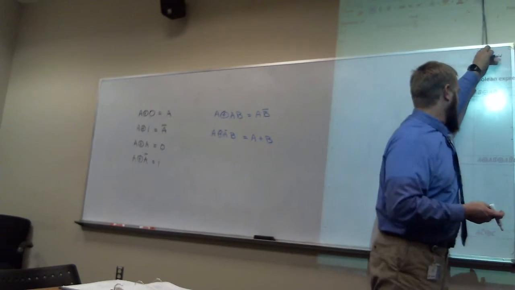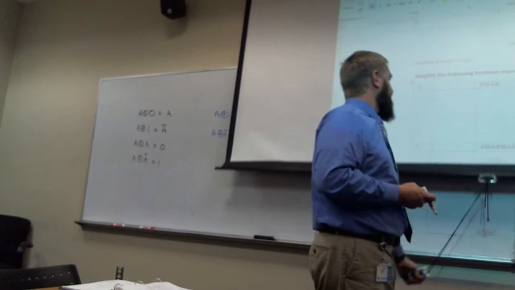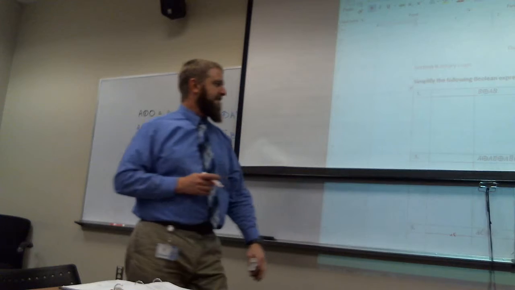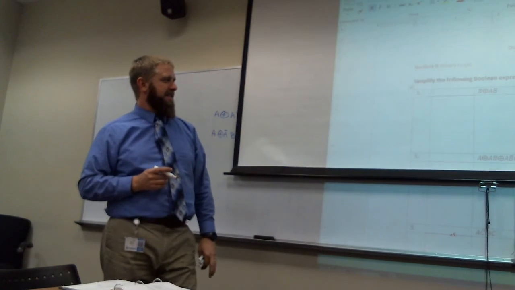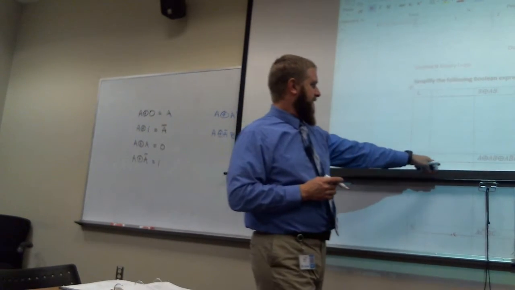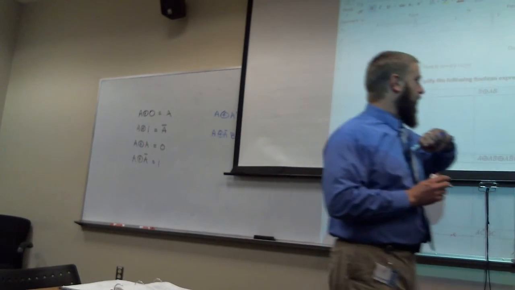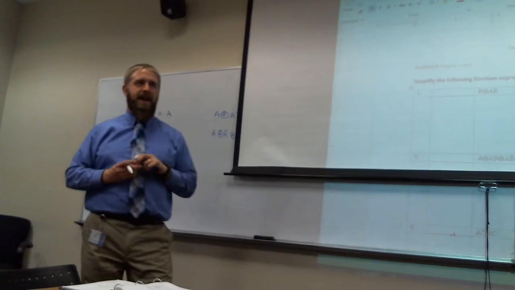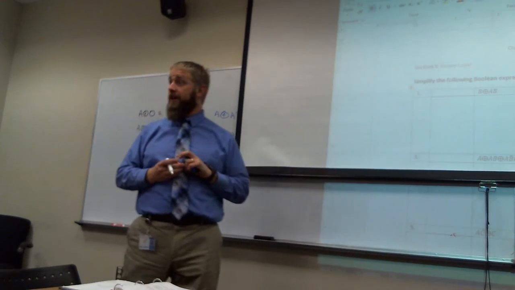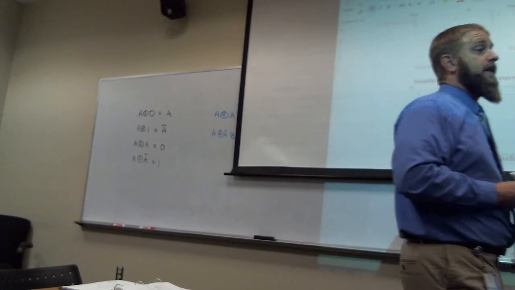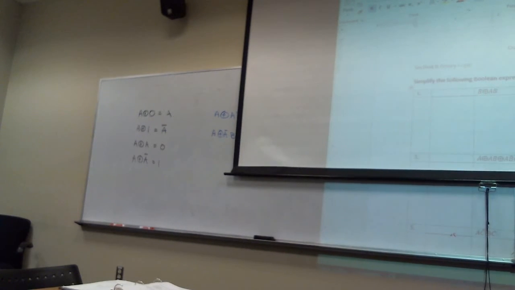Number 3 takes it a bit further. That's just applying the rule directly, and then you can do a little bit more with it. Number 4 expands this notion to the not operation, and yes, it does work.